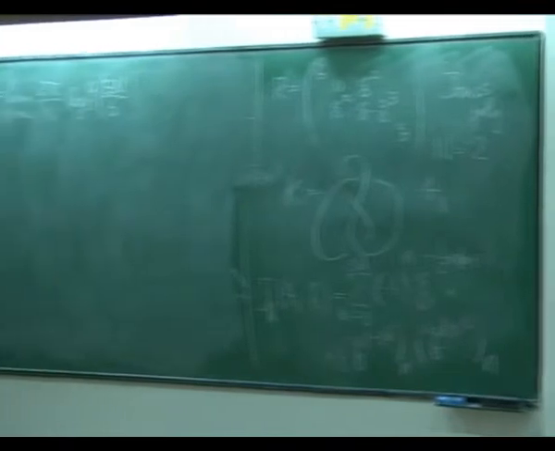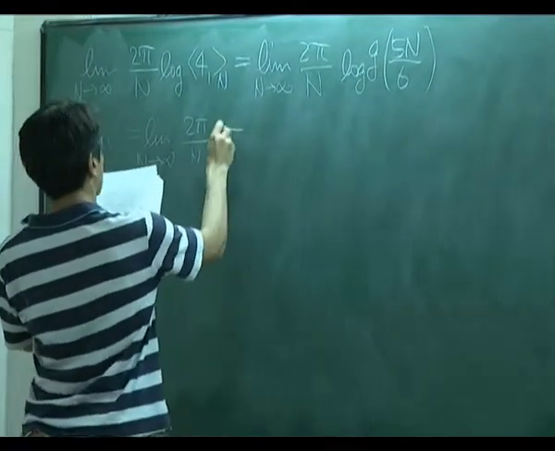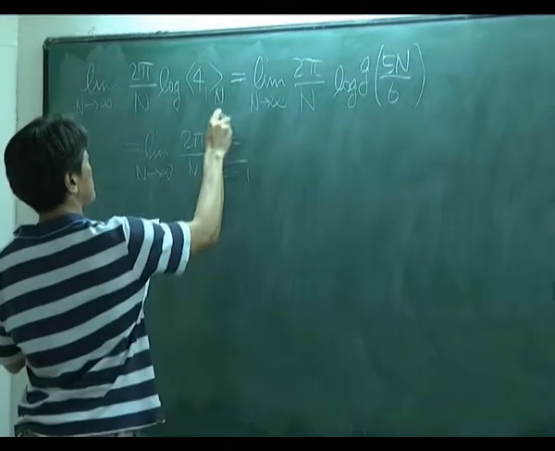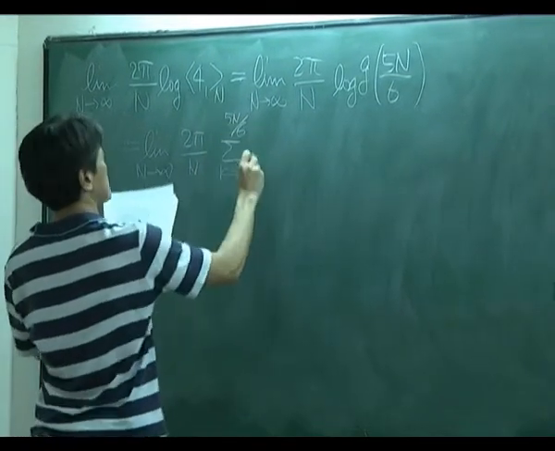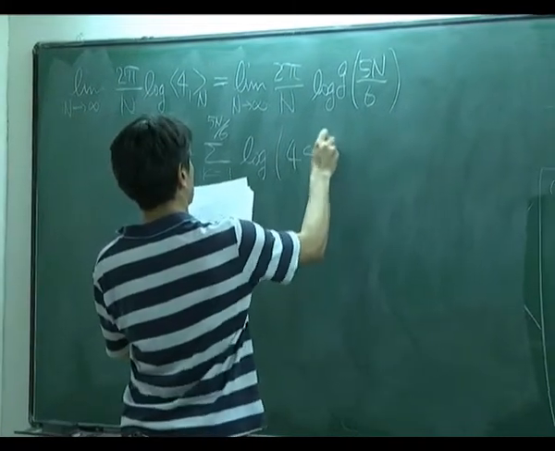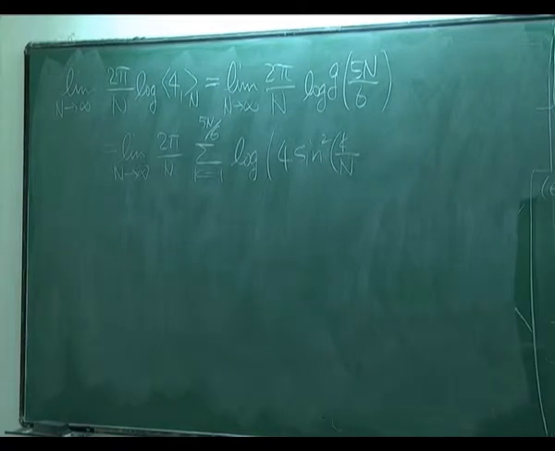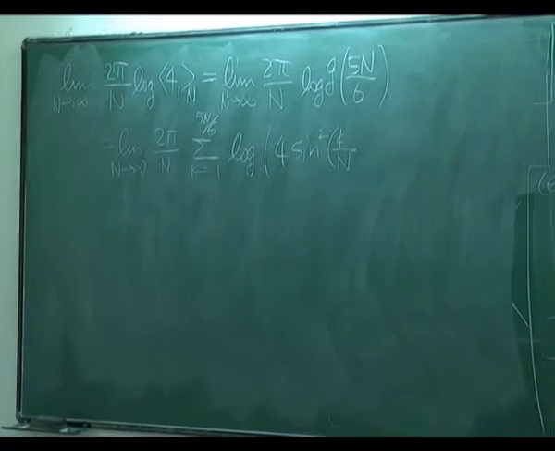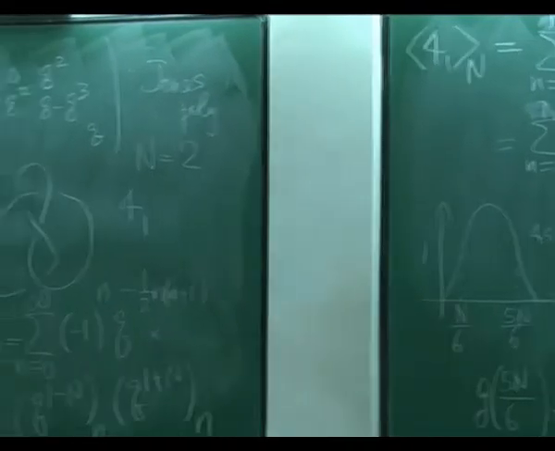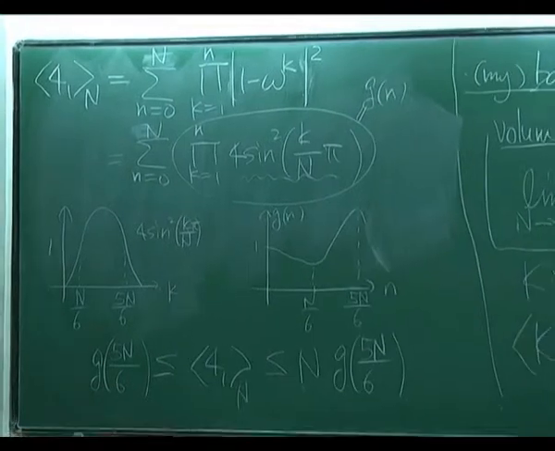Okay, from these definitions. How did it become an equality? Because for large n, log n over large n vanishes, and this is always positive.